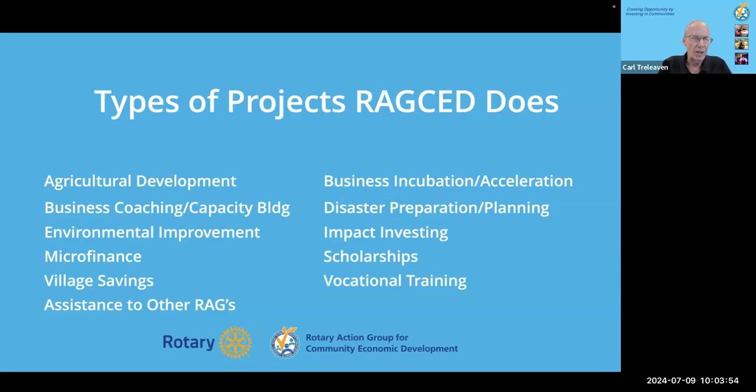Finally, and this is something that's really important, RAGCED is providing help to many of the other 24 Rotary Action Groups. The reason we do that is because there is an economic component to so much of the work that they do, and we believe we're in the best position to be able to help them with it. So these are the key areas that RAGCED is involved with. Again, today we're going to focus on microfinance.